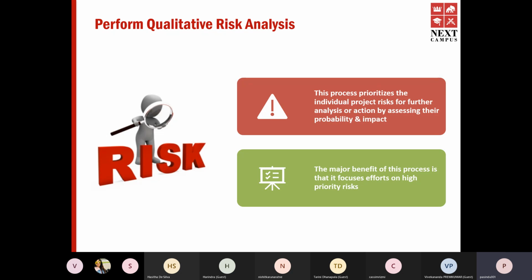It's not a right or wrong thing. For example, Harindra's low risk might be a high risk for Tarini. Prem's medium risk might be a high risk for Hasita, right? Everyone's risk acceptance is different. So it's a qualitative risk analysis, but it helps you to prioritize risks quickly.